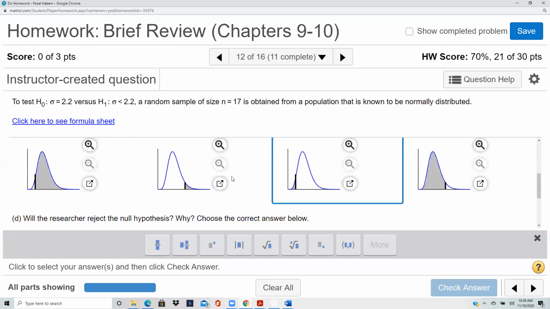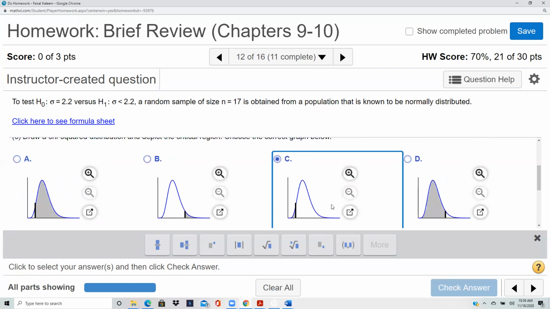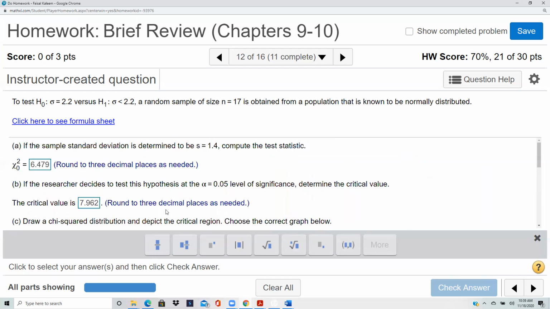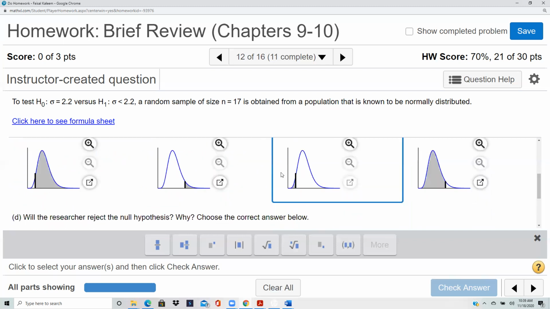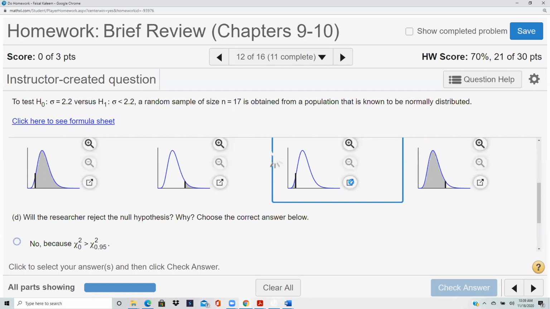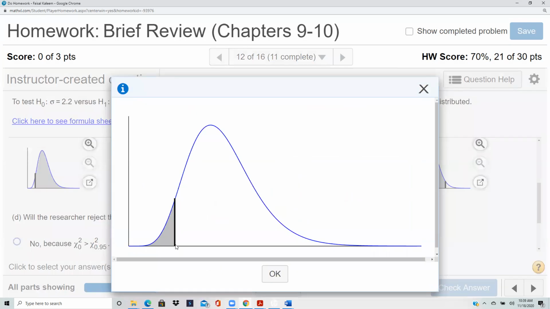So now you go over it. Tell me what the things are that we do. So in our graph, that's where the critical value is. Right, so the critical value was 7.962.